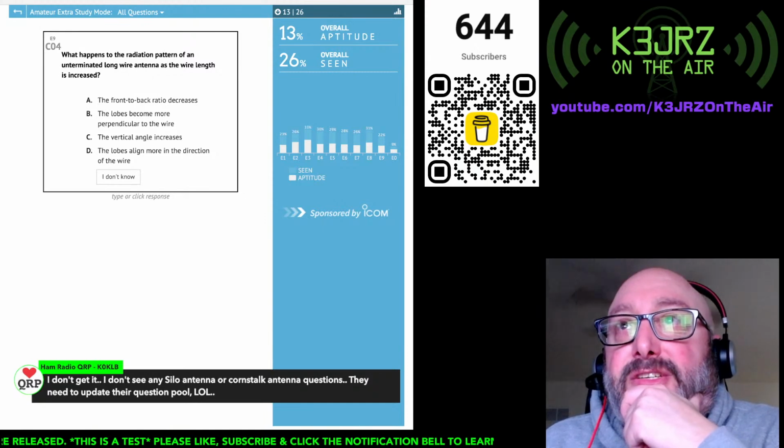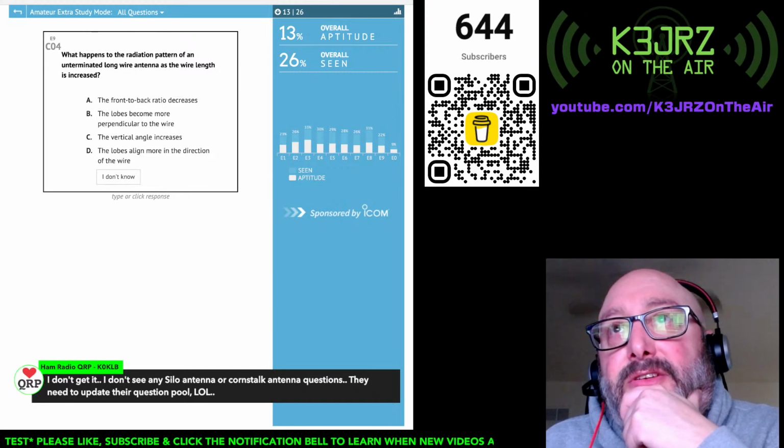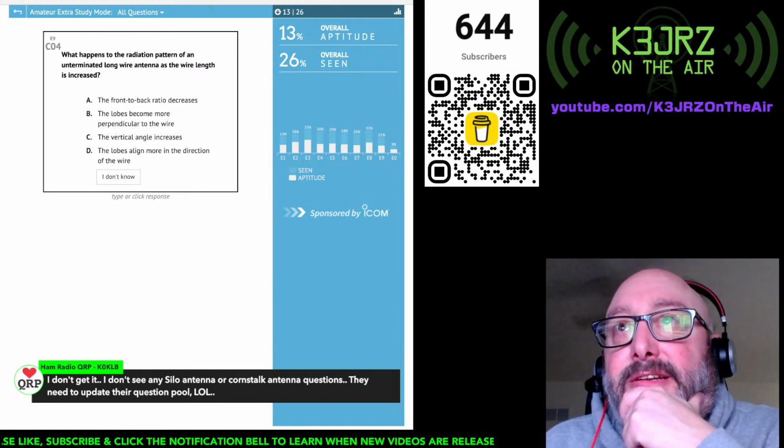What happens to the radiation pattern of an unterminated long wire antenna as the wire length is increased?